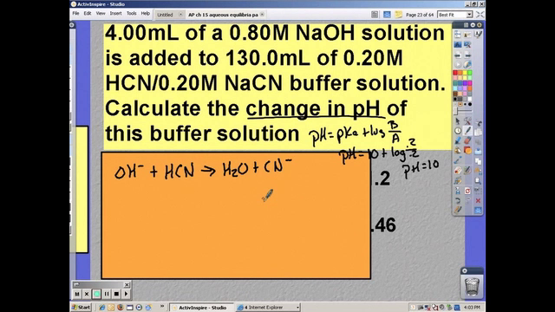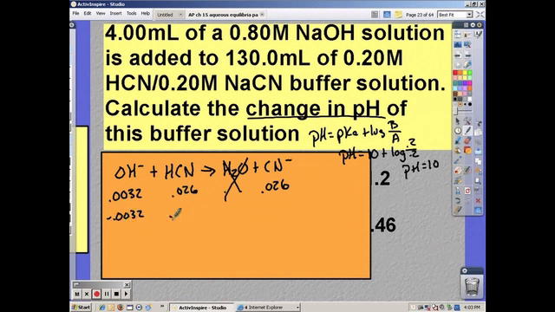We need moles of each substance. So 0.8 times 0.004 gives us 0.0032. And 0.2 times 0.130 gives us 0.026. We can ignore water.